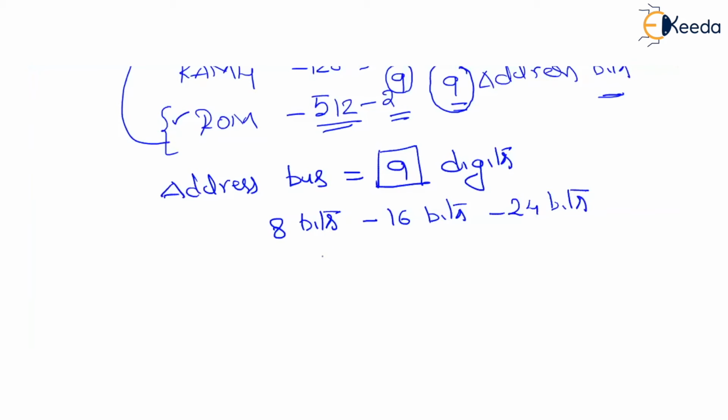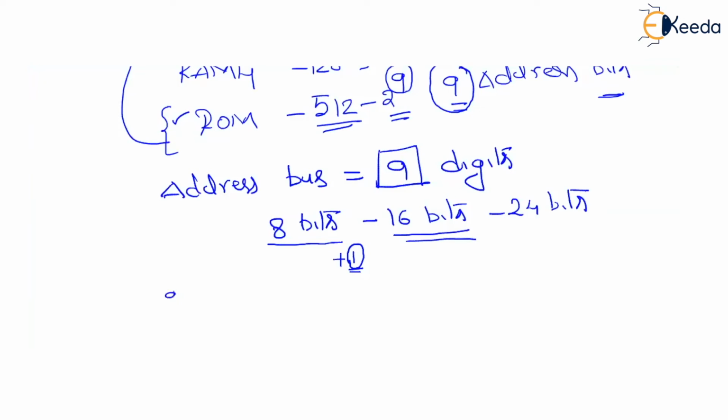Why, sir? Simple. The smallest representation in the computer system is 1 byte. For a 9-digit address, I do require 8 bits plus 1 additional digit. There is no way one special digit can be organized. So for that reason, I do require 2 bytes, that is 16 bits.